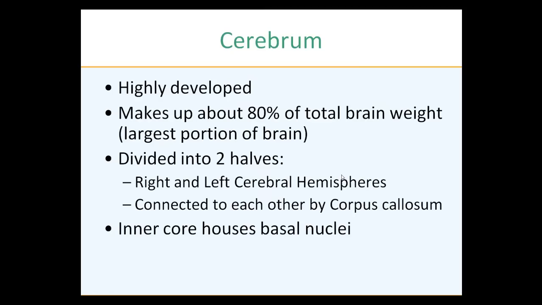So we covered the diencephalon and the brainstem, and now we are going into much higher and much more convoluted centers. Most of the things in the cerebrum or the cerebral hemispheres we don't necessarily understand, but we are starting to understand it now better than before.